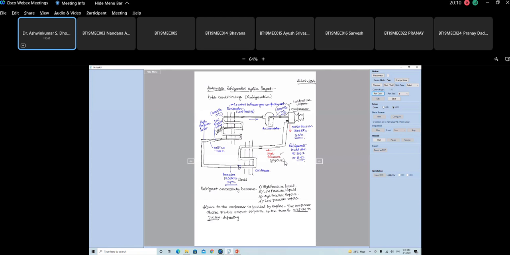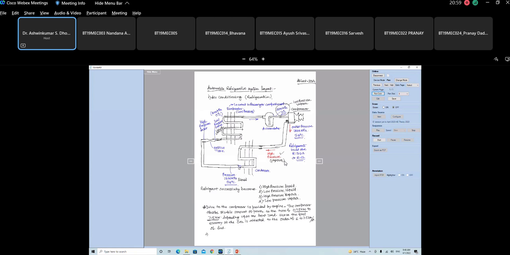Depending on the heat load, hence the fuel economy of the car is affected, to the order of 1 to 1.5 kilometers per liter of fuel.